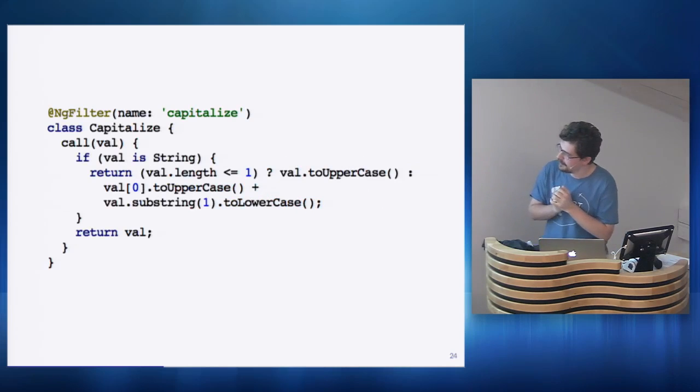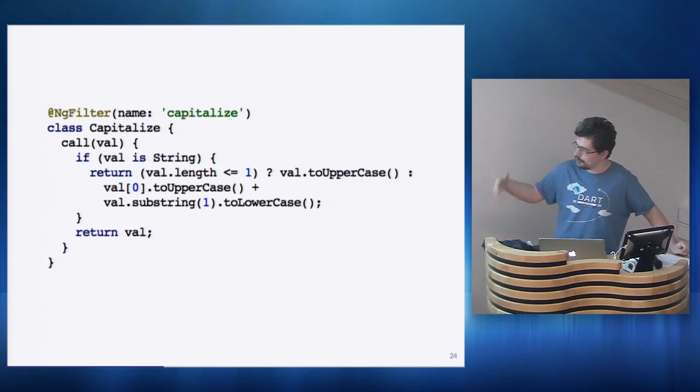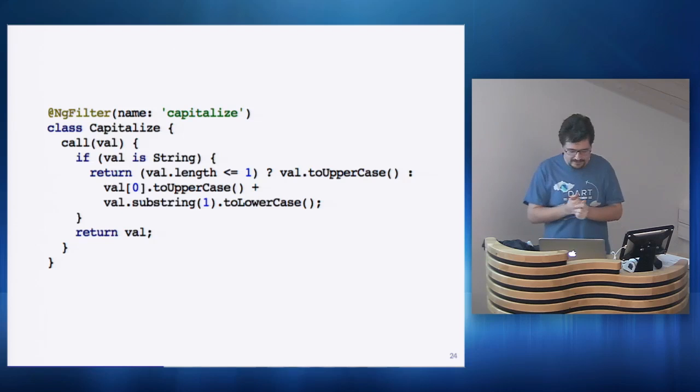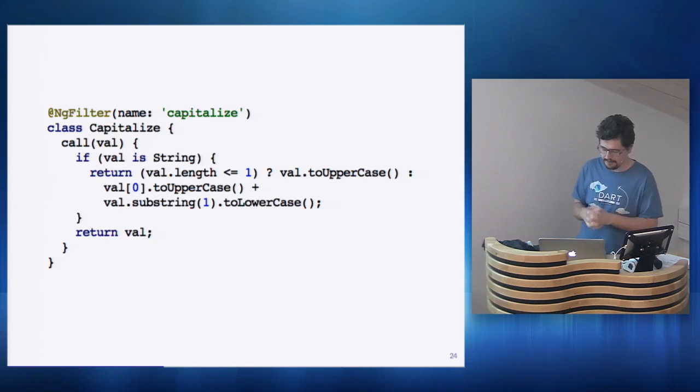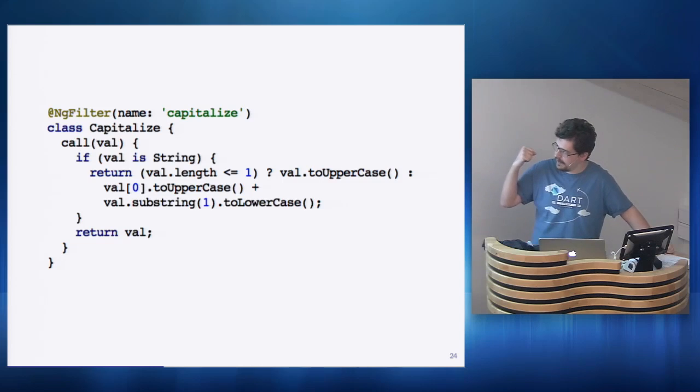I wrote a capitalize. Angular.Dart is not all based on, but it uses annotations. So you use normal Dart classes to define behavior, and then you put an annotation on the class saying this class can be used in Angular.Dart as the filter with the name capitalize.